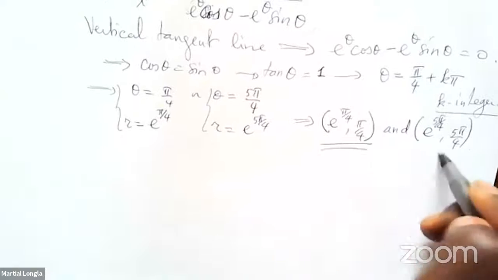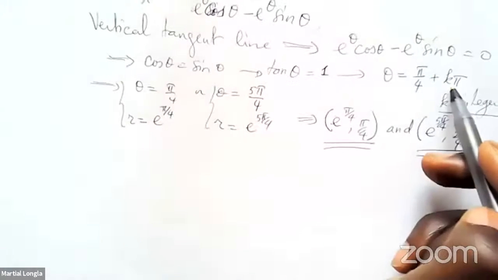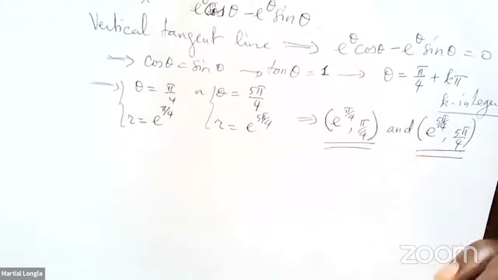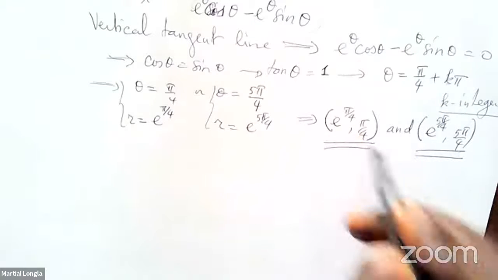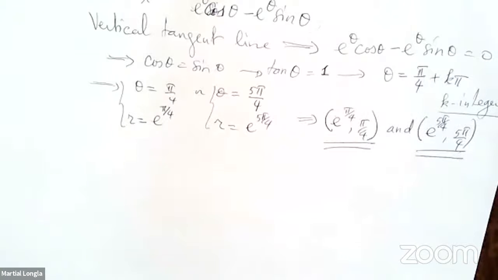These are the 2 points where the tangent is vertical, for the angles less than 2 pi. Because in this case, you can actually continue for any integer k, you will get a vertical tangent. Any questions?